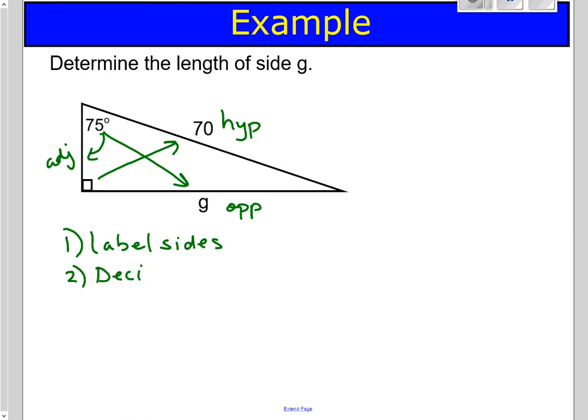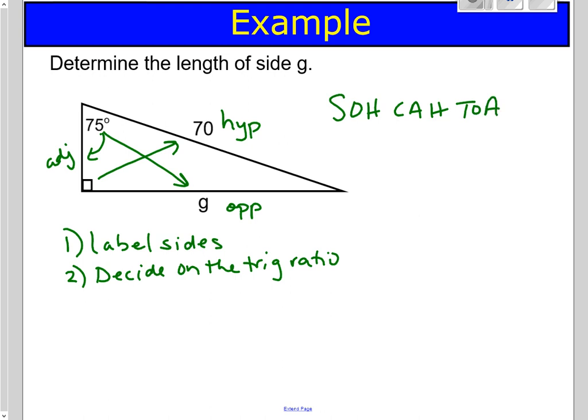My next step is to decide on the trig ratio that we're going to use. And you do that by simply looking at the information that you're given and what you're looking for. So in this case, we have an angle. We're looking for our opposite side, and we have our hypotenuse. So if I think about Sohcahtoa, which one of these has an opposite side and a hypotenuse in the primary trig ratio?